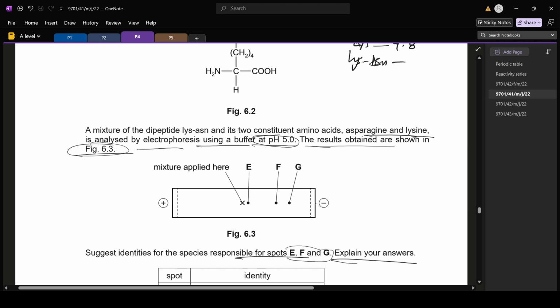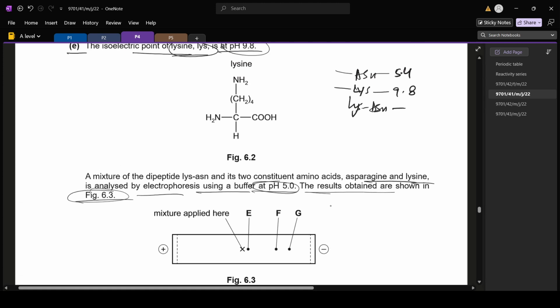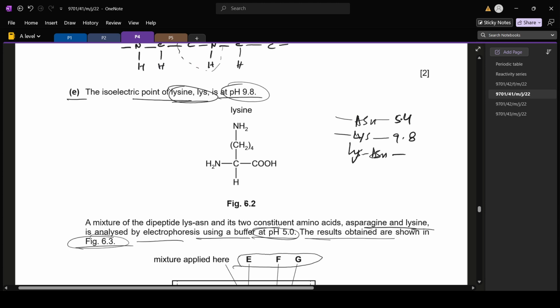Okay, so these all are attracted to the negative cathode. So you can tell that these all are positively charged. That's why they are attracted to the negative charge. Okay, and this buffer solution is at pH of 5. You can see that aspargine has an isoelectric point at 5.4, so it might be possible that it is not changed into a positively charged ion.